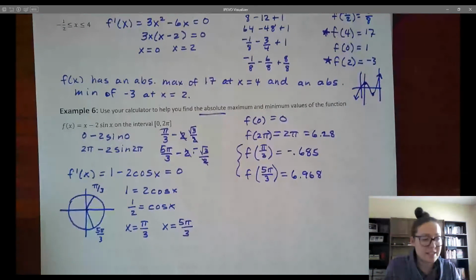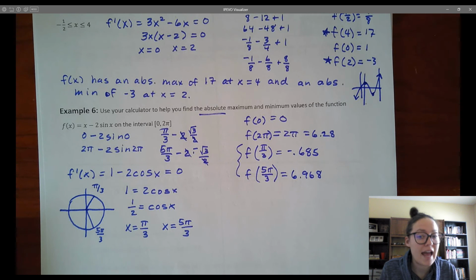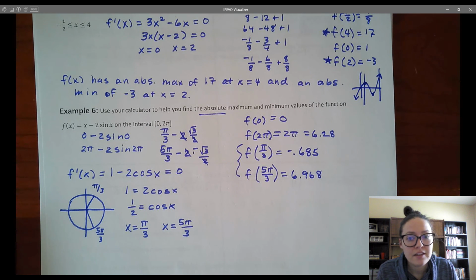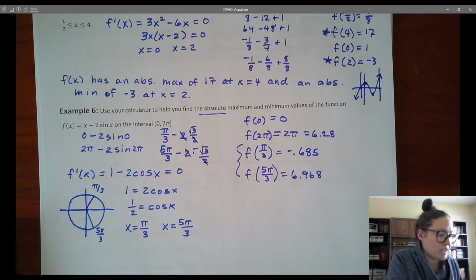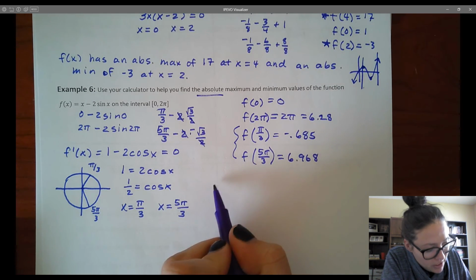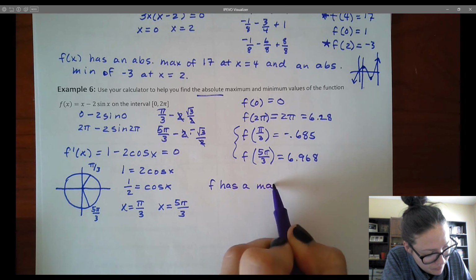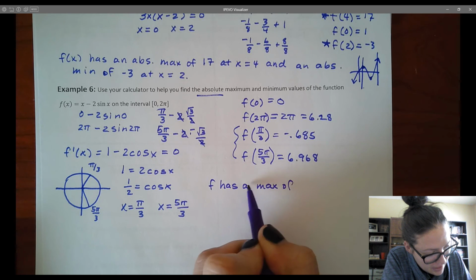So to write my conclusion, I would say f has an absolute maximum of 6.968, remember 3 decimal places, or you could even write the actual value like this.